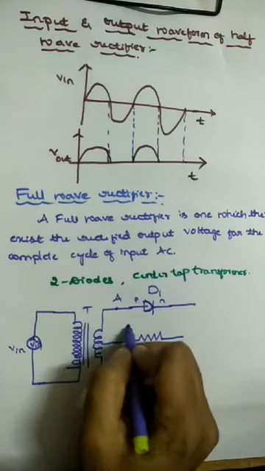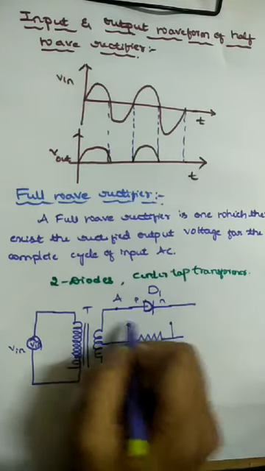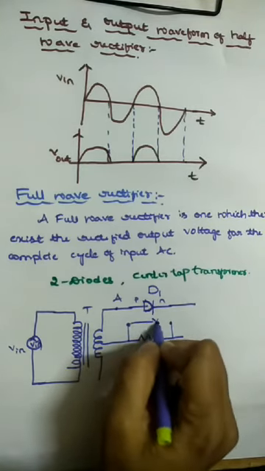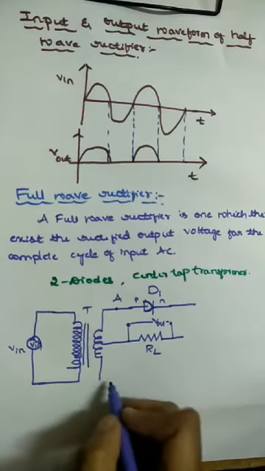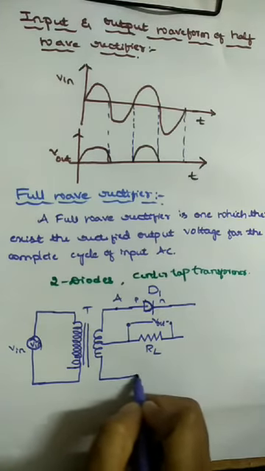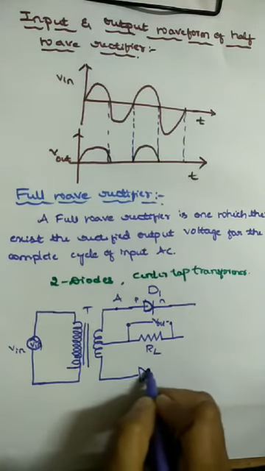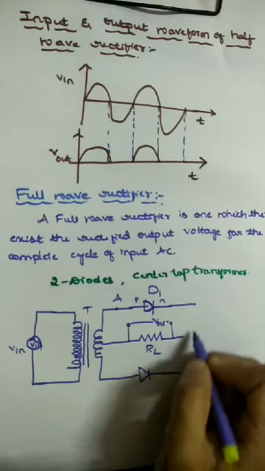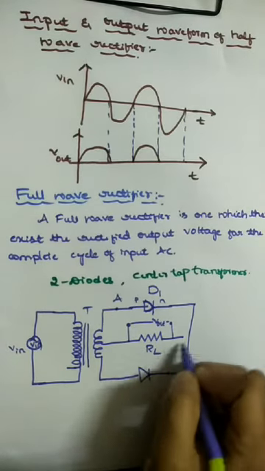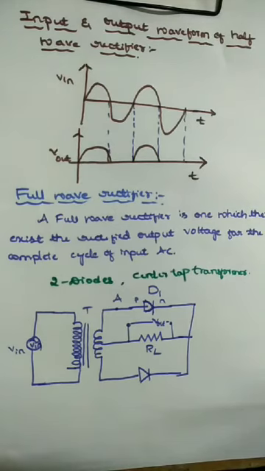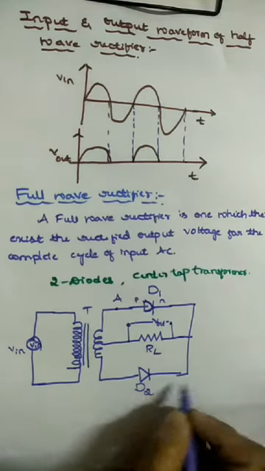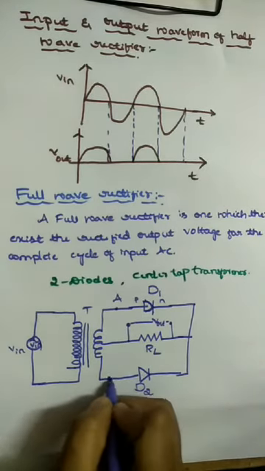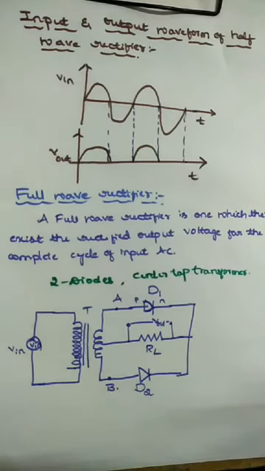So this is the output here, that is V output. Next, another secondary turn is connected here to another diode in parallel. This is D2, and now consider here at this point B.